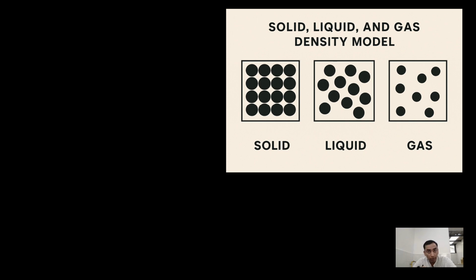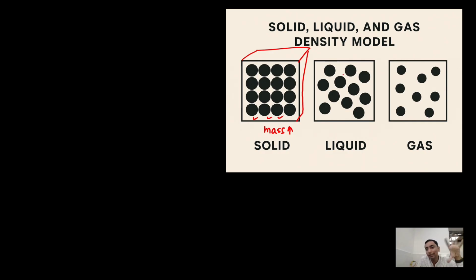All right, if you look at a solid, a liquid or a gas, inside the solids we can very well see that the atoms are very, very closely packed. So in solids, all atoms are very closely packed. The intermolecular spaces are very small. So that means the mass in a given volume, if you consider this as a cube, is large because there are more particles.